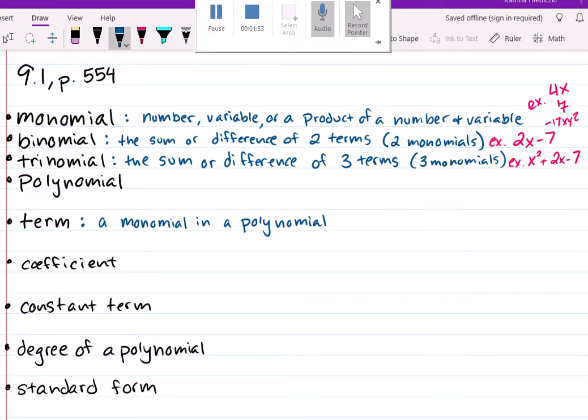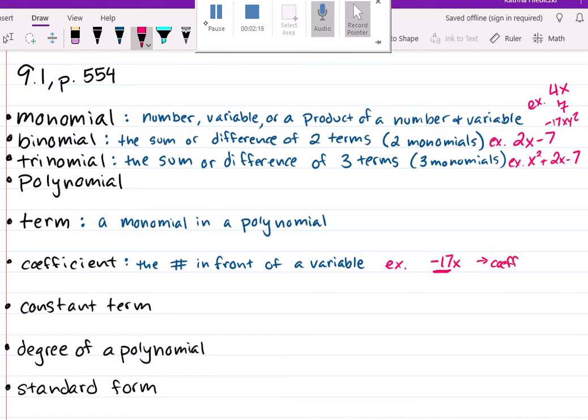A term is a monomial in a polynomial, so just one of the pieces separated by a plus or minus sign. A coefficient is the number in front of a variable. If I had negative 17x, the coefficient here would be negative 17.